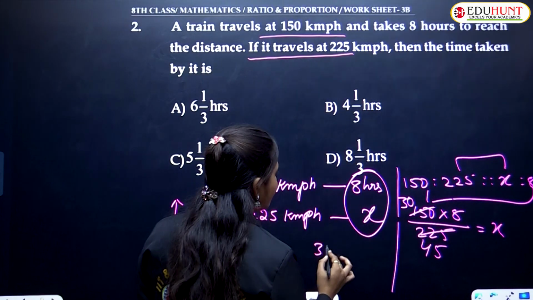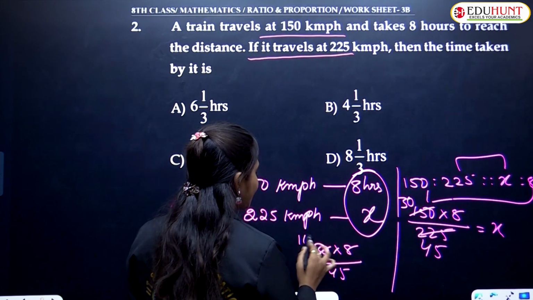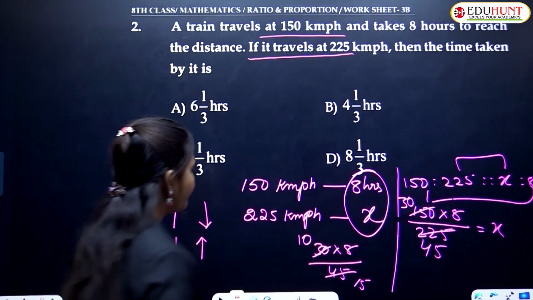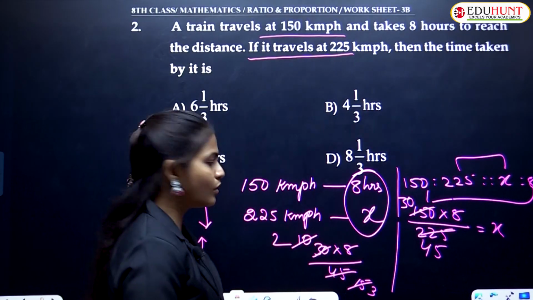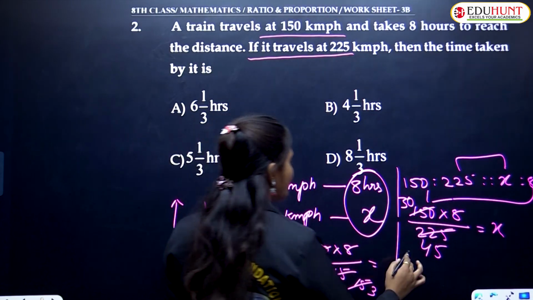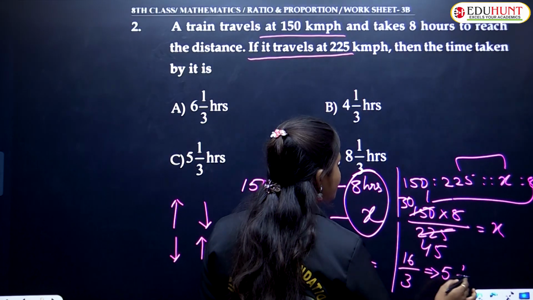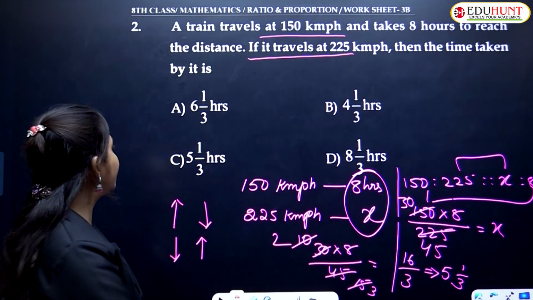So from this one, 30 into 8 by 45. 3 10s 30 and 3 15s are 45. Clear ma? Next 5 2s 10, 5 3s 15. From this one, 16 by 3. So 16 by 3 we can write as 5 3s is 15, 15 plus 1 is 16. So 5 and 1 by 3 hours.